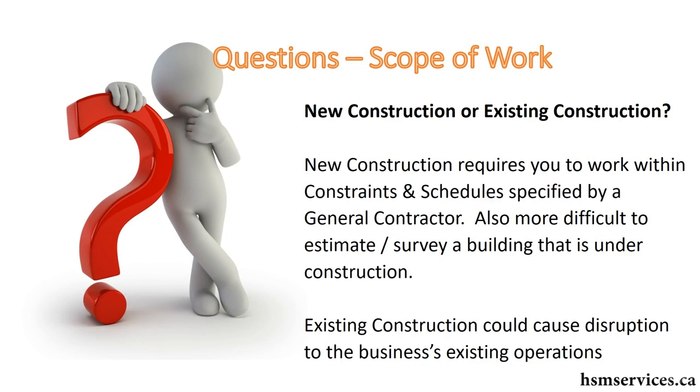And of course, one of the things that we'll talk about later is how to survey a building. And that means going in there and taking measurements and figuring out where all the components of the system go. It's a lot harder to do that with a building that doesn't exist yet.